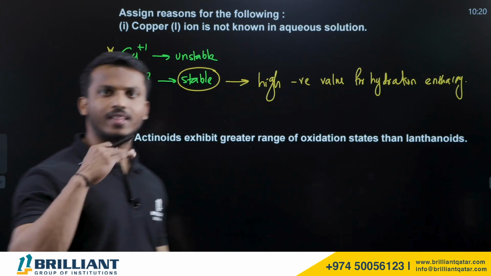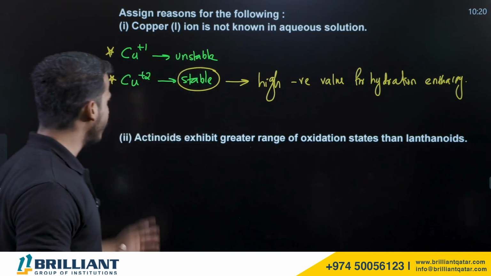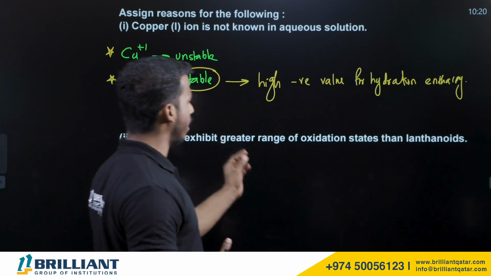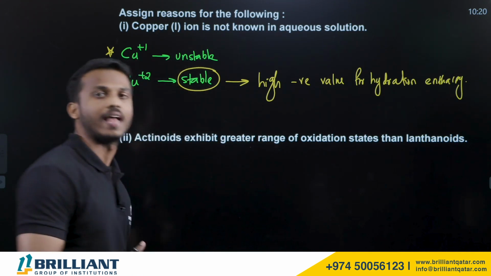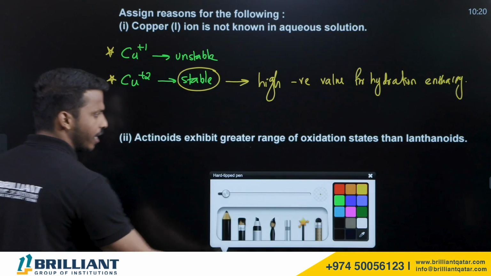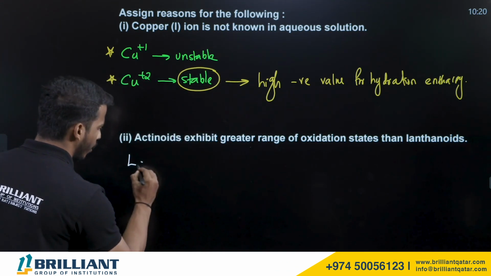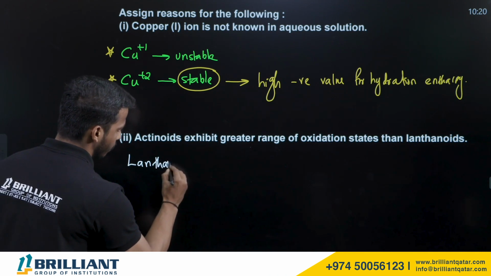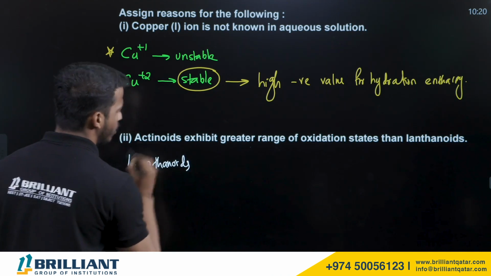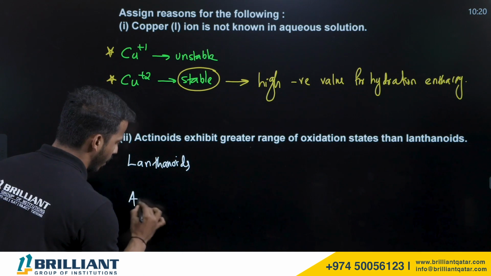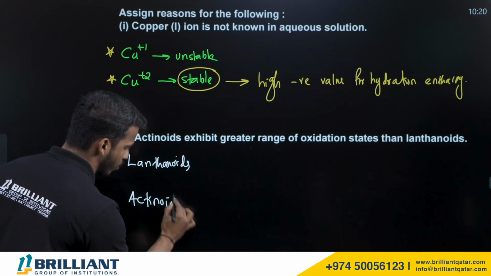Actinoids. We are studying about lanthanoids and actinoids. Actinoids exhibit a greater range of oxidation states than lanthanoids. We may study the general electronic configuration for lanthanoids. Dear student, you know the lanthanide series, right? We can write the formula for lanthanoids, and even for actinoids also.